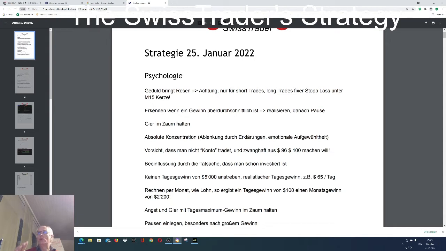It's too risky. If you want to explain something, you have to do it in a demo account. And also, if you are emotionally hit by something, you shouldn't trade. Emotions are very bad for trading because you are not concentrated.